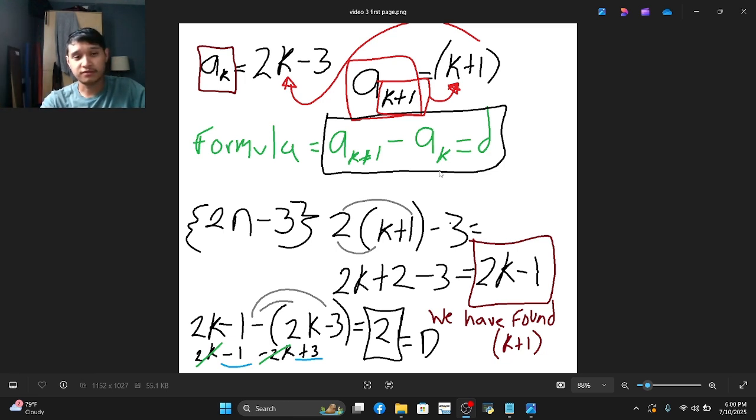I don't know if someone learned this in algebra too. So we're just replacing the n by k plus 1, so it will be 2 times k plus 1 minus 3.